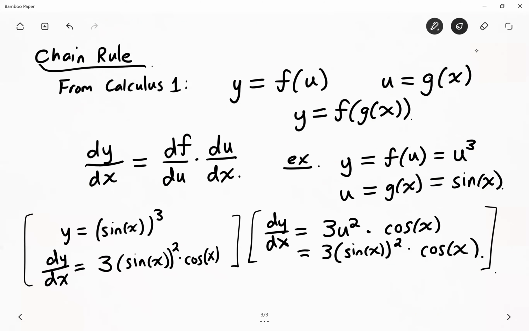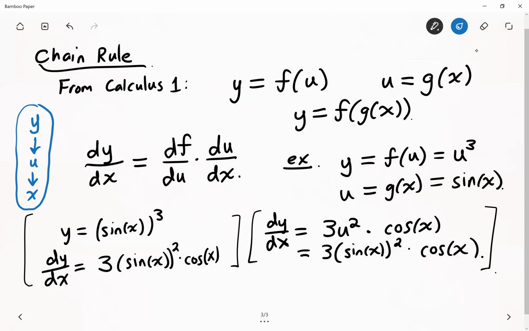Now, one thing I would like to do is draw a little diagram. We don't really need a diagram here. Over here on the left side of the screen, we have y, which depends on u, and u depends on x. I'd like you to keep this little diagram in the back of your mind.